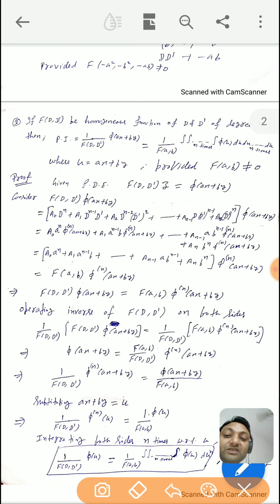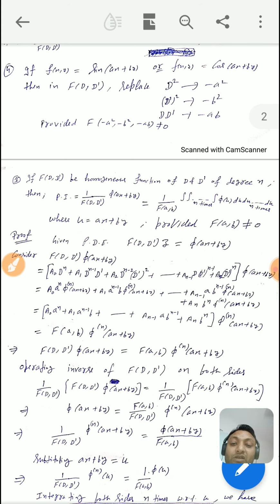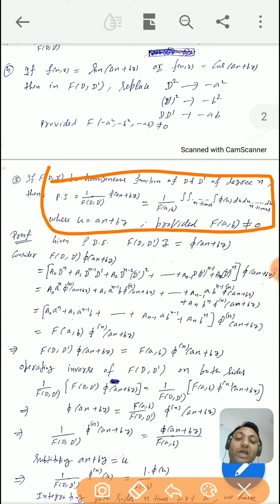The first result is that if f(D, D') is the homogeneous function of D and D' of degree n, then the particular integral is equal to 1 upon f(D, D') operating on the function of ax plus by is equal to 1 upon f(a, b), that is D replaced by a, D' replaced by b, integrating phi(u) with respect to u n times, where u is equal to ax plus by, provided f(a, b) is not equal to 0.